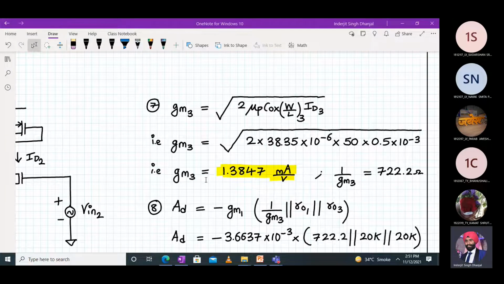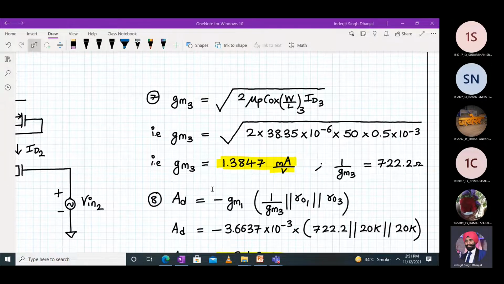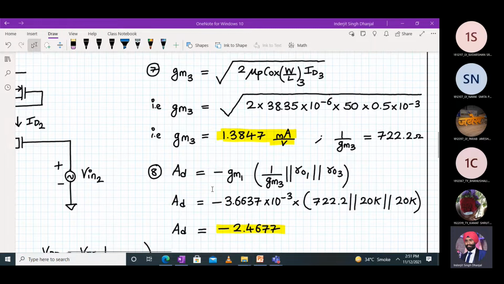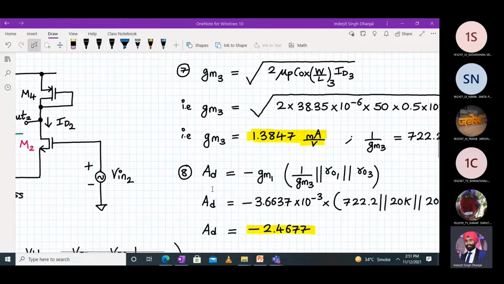Plug in the values in the calculator and calculate the small signal differential gain for the given differential amplifier. How much is the value? Please cross check whether you're getting 2.4677.